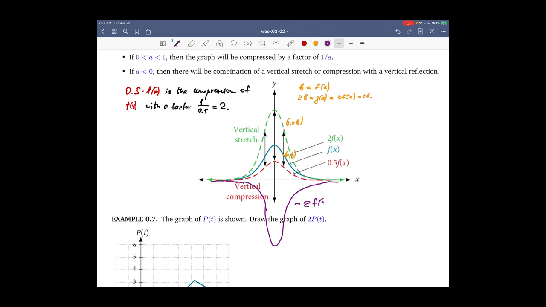Negative 2 f of x. So you stretch vertically with a factor of 2, and then to account for the minus, you flip around the x-axis.